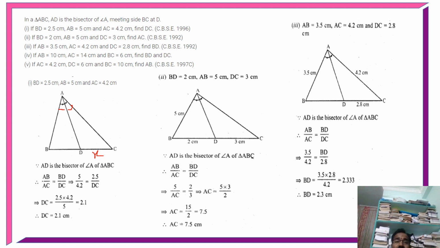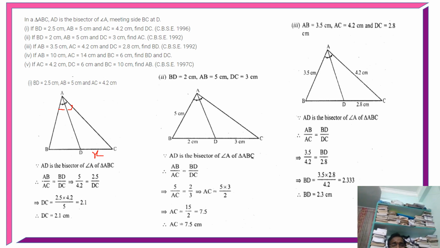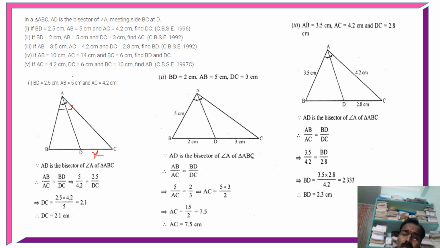In a triangle, if a line segment bisects the vertex angle, then it divides the opposite side in the same ratio as the other two sides. Means if AD bisects angle A, then AB by AC equals BD by DC.